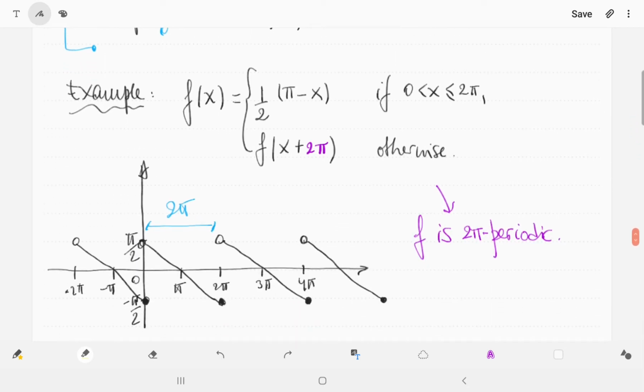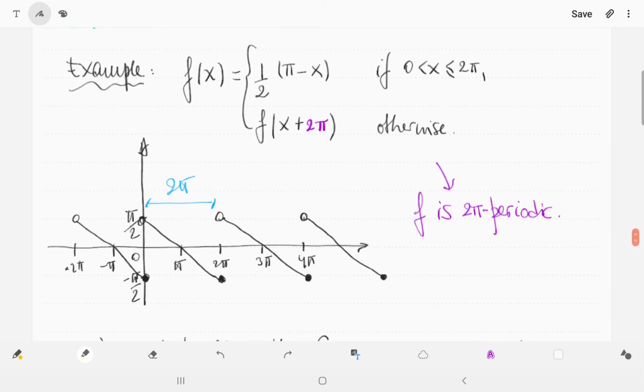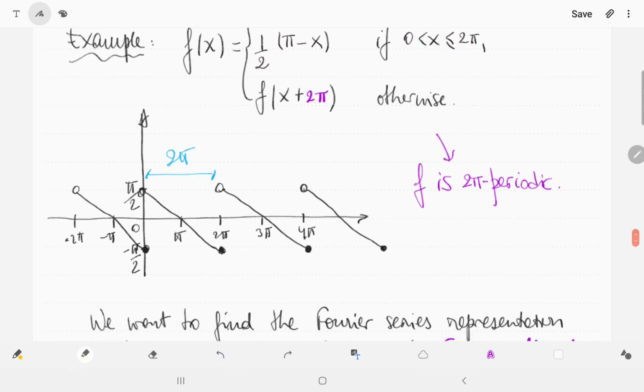So here is an example to try to fix these ideas. We have this function defined on 0 to pi, 1/2 times (pi minus x), which is quite similar to our fourth example in the second part of the lecture.